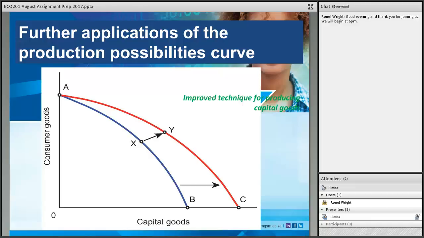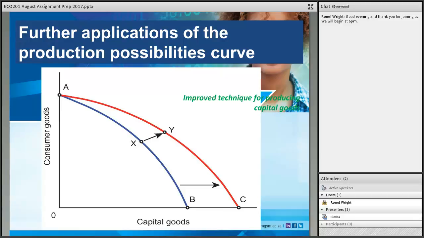On this PPC, you can see we have 2 goods, consumer goods and capital goods. If there's an improvement in the production technique for consumer goods, you can see that our PPC is going to shift from AB to PPC AC, which shows that there's an increase in the production of capital goods with the production of consumer goods remaining the same.